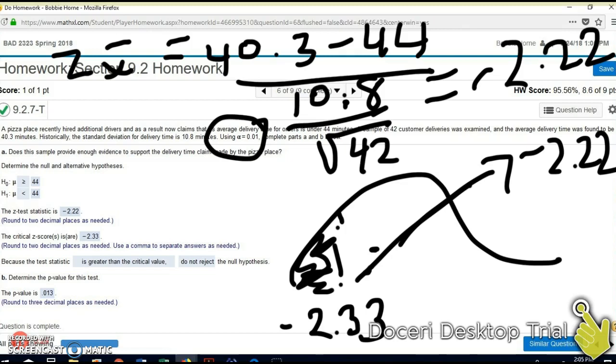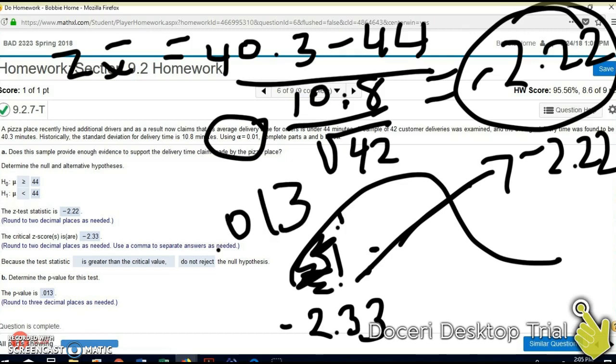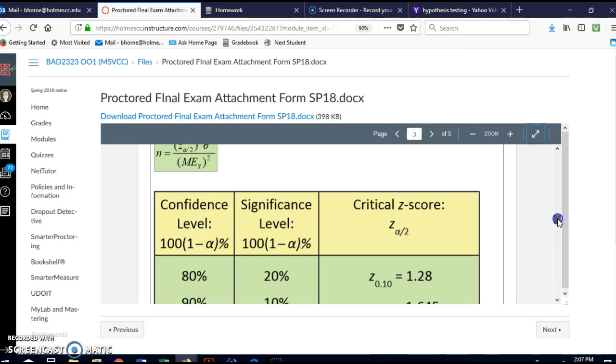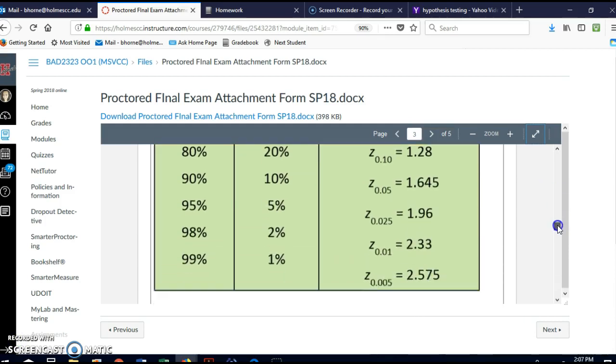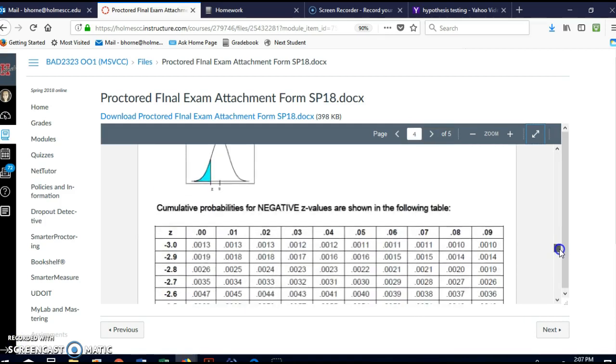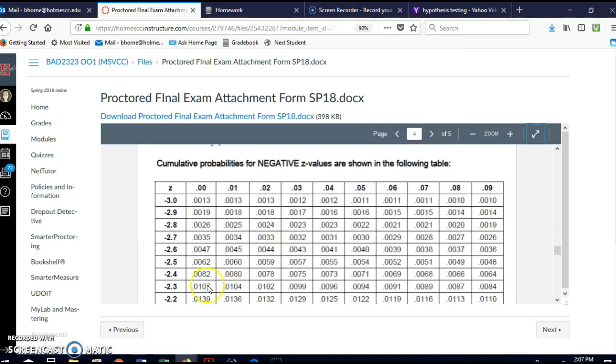Now, for the p-value, if you look up negative 2.22 in your table, you will get 0.013. Same table we've been using for your critical z value. You look at this table, and then for your probability, you would look at this table, negative 2.33.